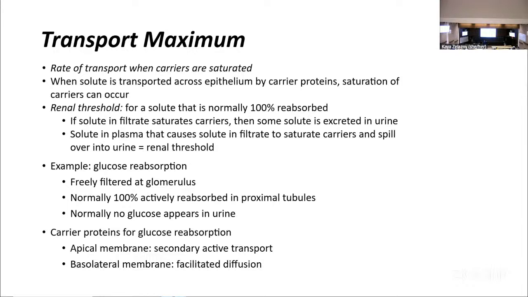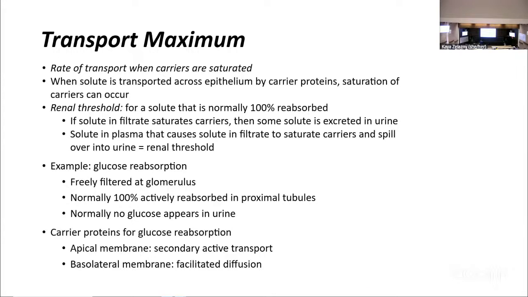Your renal threshold is the amount of blood glucose that would match that transport maximum in the kidney. So this is how much you can actually reabsorb, given the number of carrier proteins you have in the proximal tubule. If you go above that renal threshold, you're going to end up with spillover in the urine because you hit the transport maximum of those carriers.